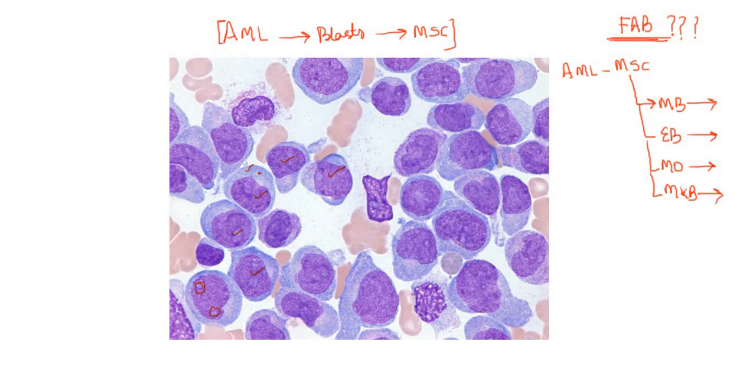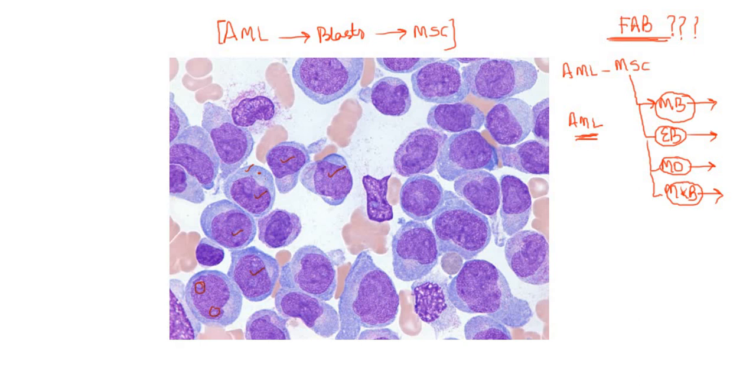So depending upon the parent cell from which these acute myeloid leukemias are derived, and also depending upon the predominant cell type which is found in the particular subtype of acute myeloid leukemia, these acute myeloid leukemias are classified into various subtypes.